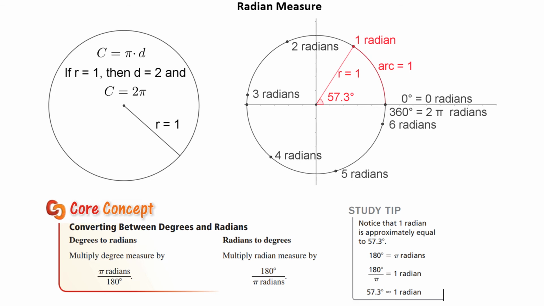And if that makes sense, that a full circle is 360 degrees and the circumference of this circle is 2 pi, then the measure of the angle that's equivalent to a full rotation of 360 degrees is 2 pi radians.